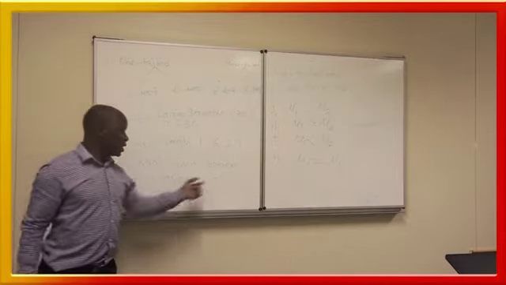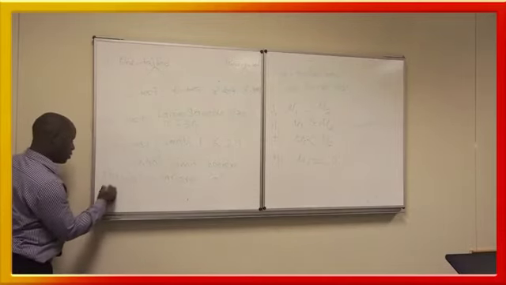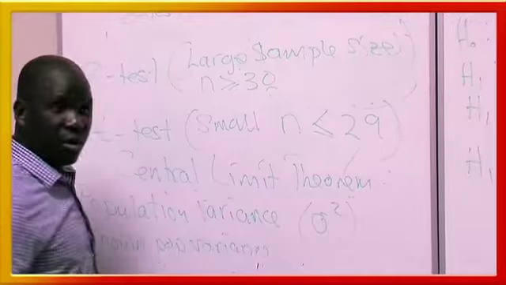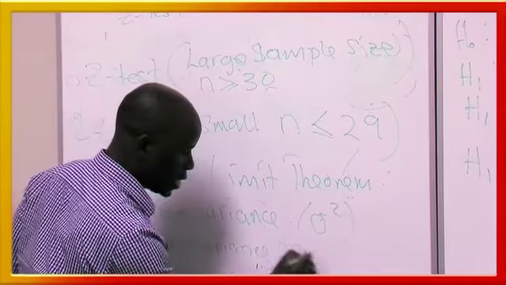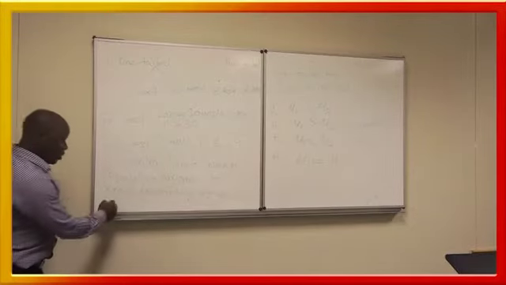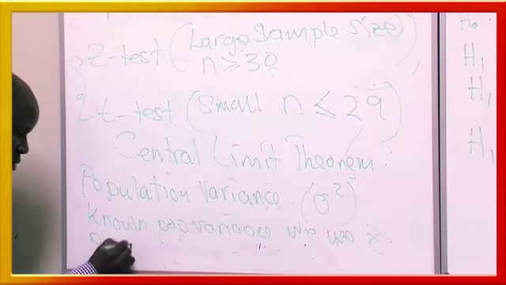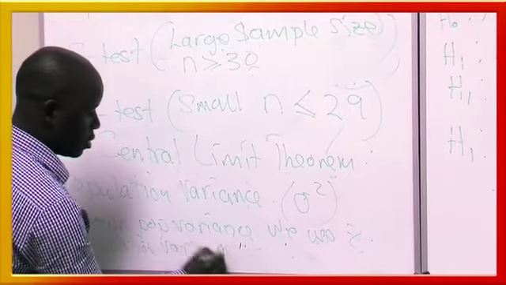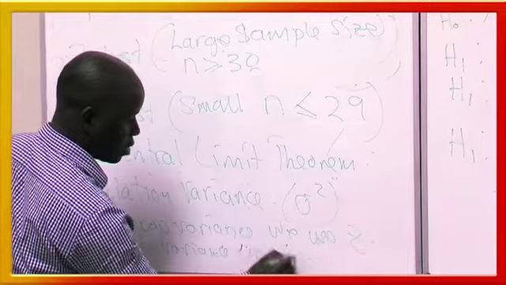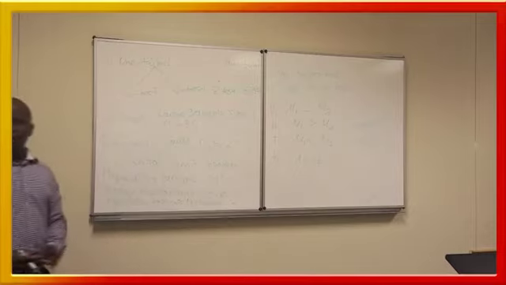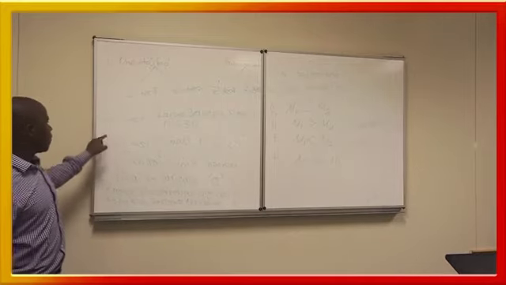If the population variance is known, then we use Z. If the population variance is unknown, then we use T. So how many conditions do we have?